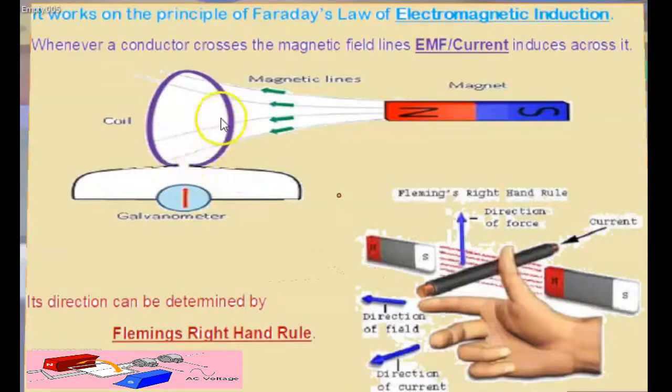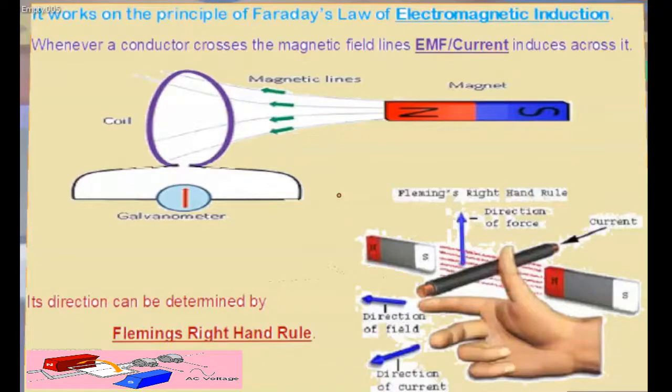It means the flux passing through this coil would change, and due to that change in magnetic flux, EMF induces in this coil, which can be observed with the help of the galvanometer which is connected across the coil. The direction of current can be determined by using the Fleming's right hand rule.